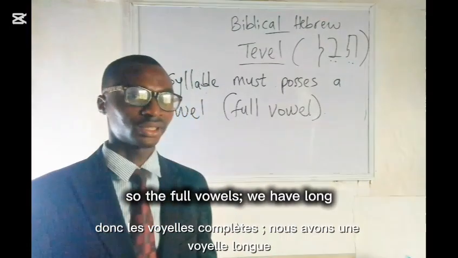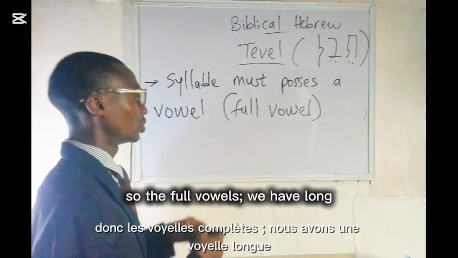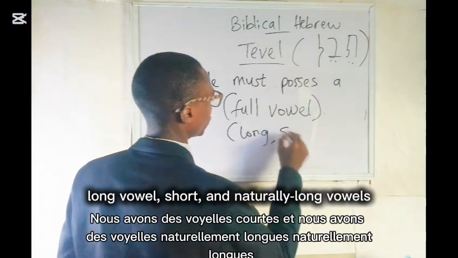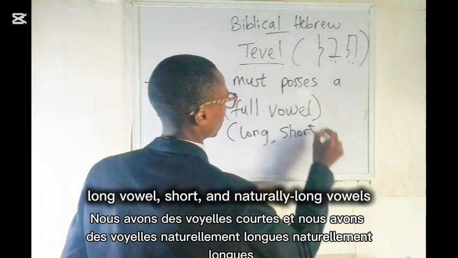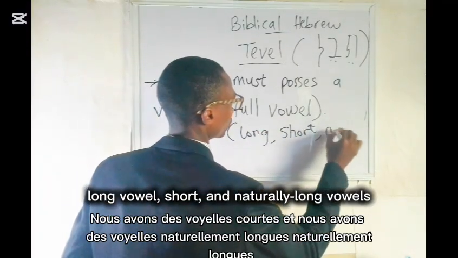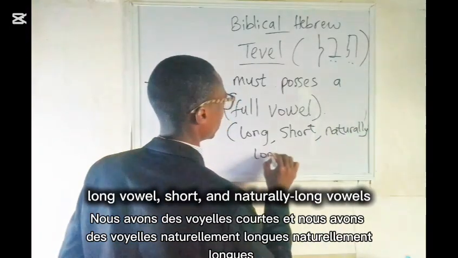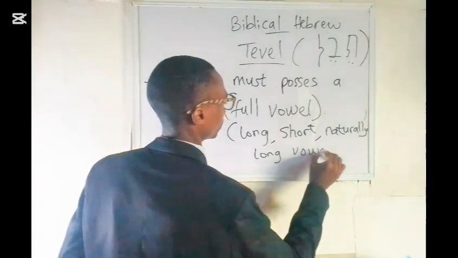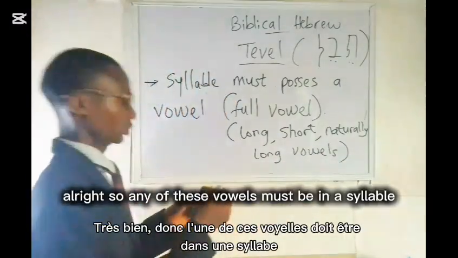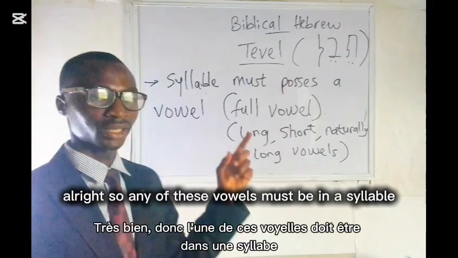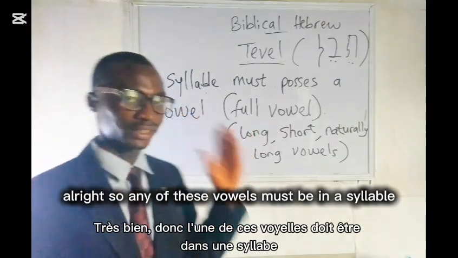So the full vowels, we have long vowels, we have short, and we have naturally long vowels. Alright, so any of these vowels must be in a syllable.